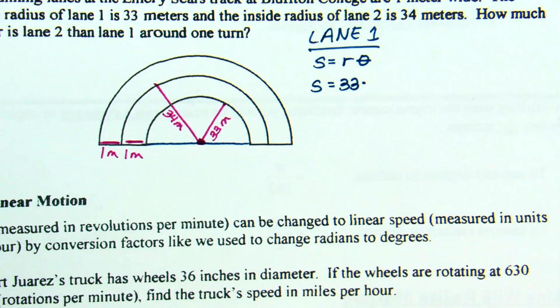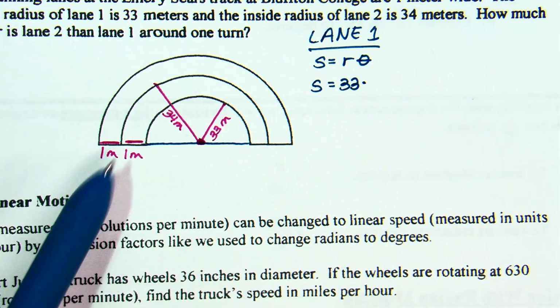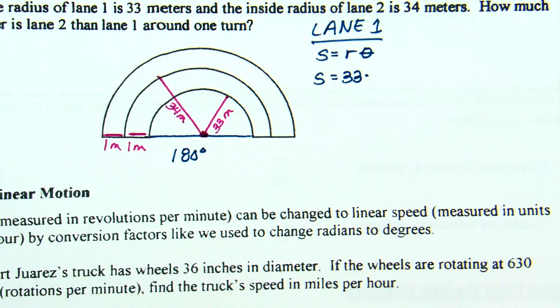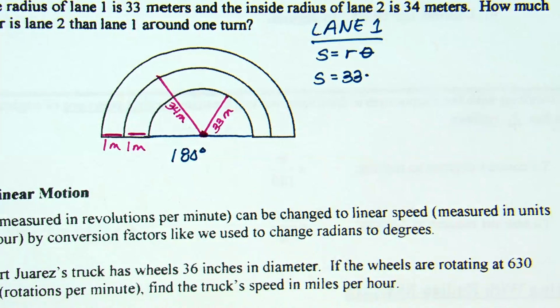Now, here's the question. What's theta? Okay, so if we look here, this line makes what kind of angle? It makes 180 degrees, yes? Is 180 degrees what I get to put in my formula?